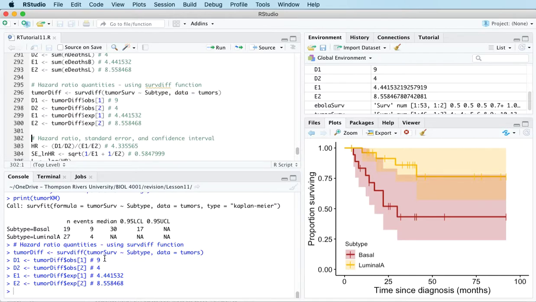D1 is the observed number of deaths in the basal group, and D2 is the observed number of deaths in the luminal A group.